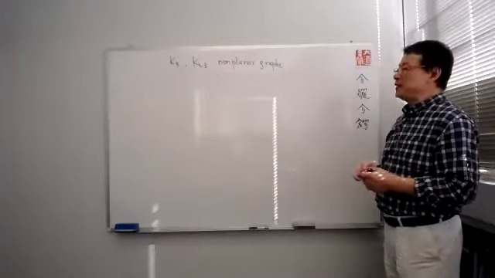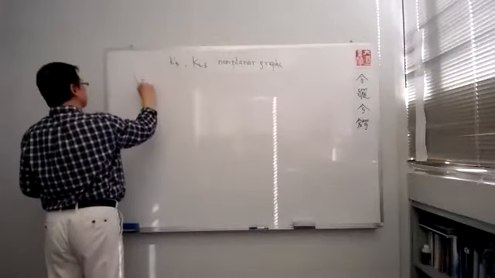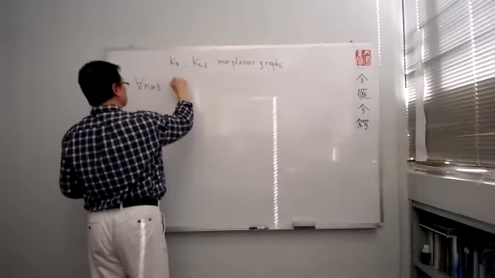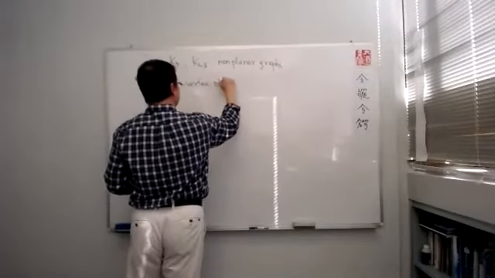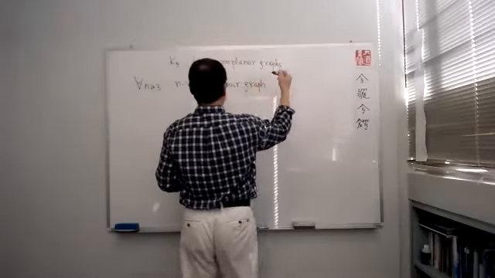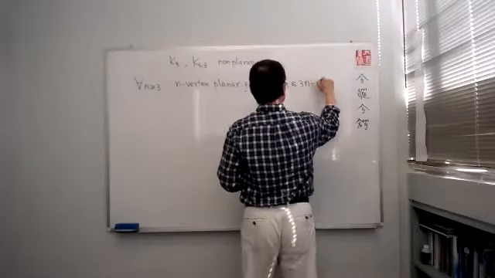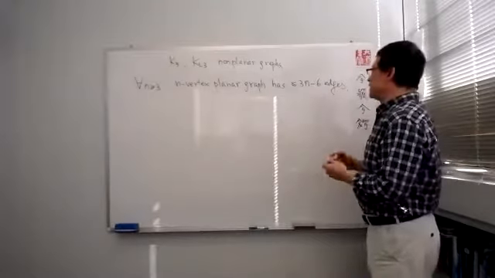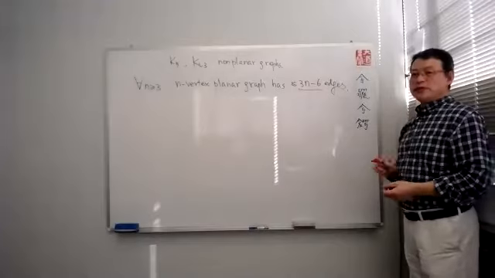So for this purpose, we need the following formula. This number is very important. A planar graph contains at most 3n minus 6 edges. It cannot be more than this.